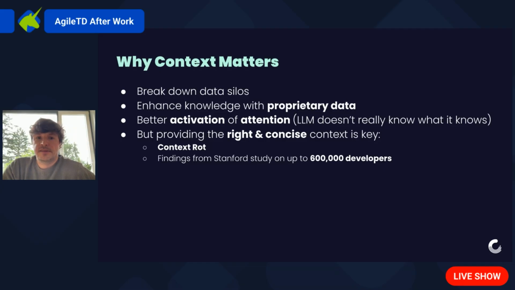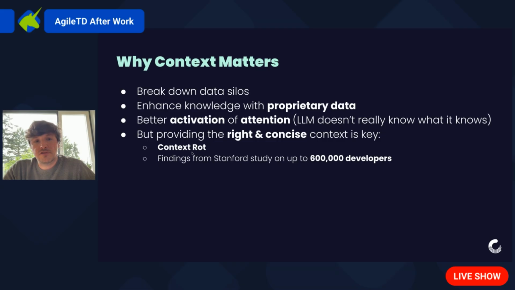And since you don't know what the LLM knows, you have to find a better initialization of where in the vector space the right answer might linger. And context, the right context, if it's concise, can be key to finding that vector space that provides the right answers.